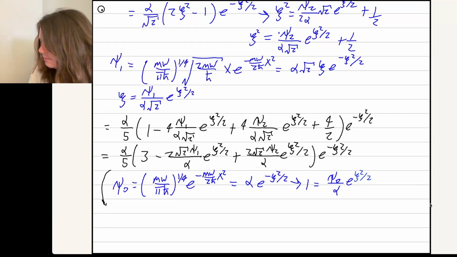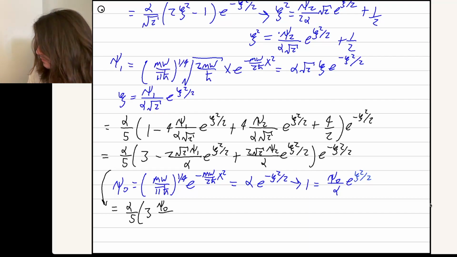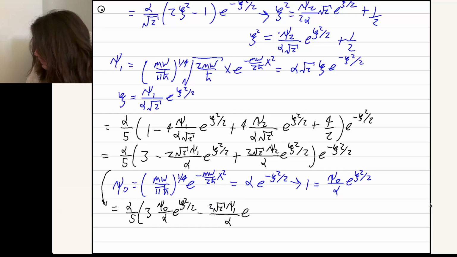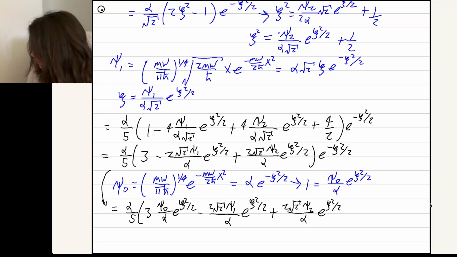to write this. It's alpha over 5, 3 psi 0 over alpha e to the positive c squared over 2 minus 2 root 2 psi 1 over alpha e to the c squared over 2 plus 2 root 2 psi 2 over alpha e to the positive c squared over 2, all times e to the minus c squared over 2.